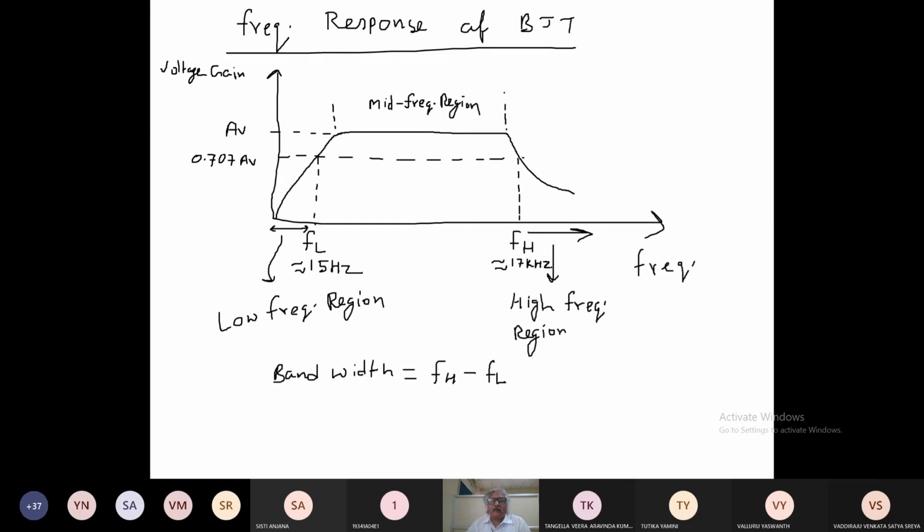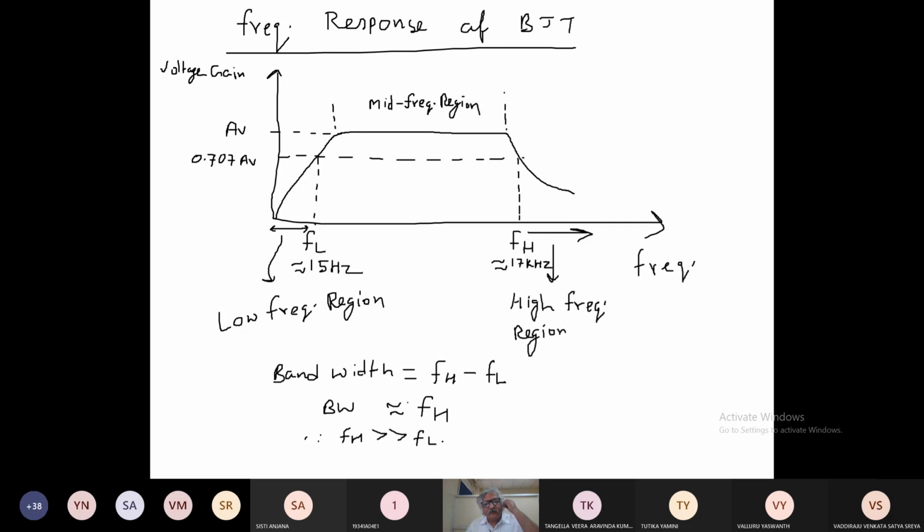So the region between FL and FH is basically your audio frequency region, right? And this bandwidth you can approximately write as FH, since FH is greater than FL.